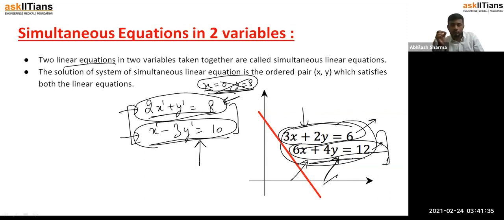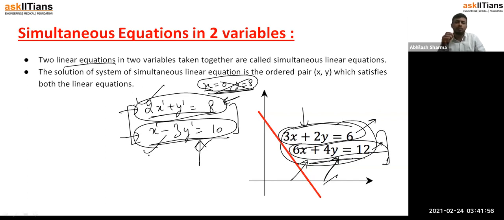We have to find a solution set x comma y, which are such values of x and y which not only satisfy the first equation but also the second equation. So at the same time, the values should satisfy both the given equations. That's our main goal here.